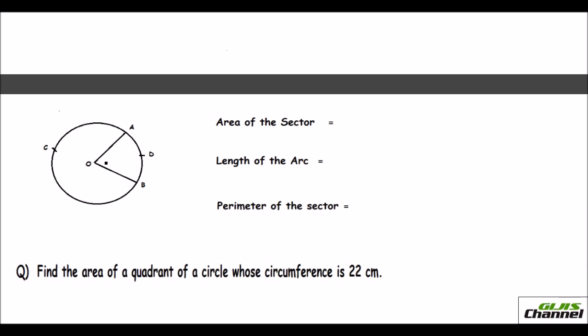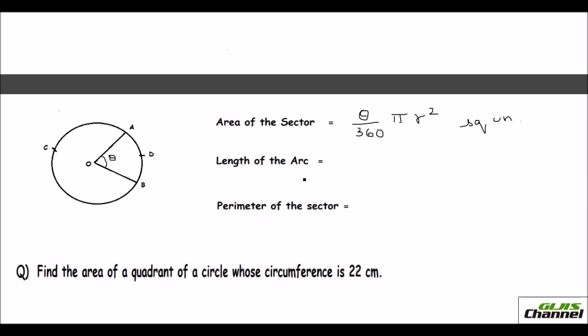So for a full circle it is 360 degrees, but this portion has only theta degrees taken, right? So the formula would be theta degrees out of 360, okay, times pi r squared. And since it is an area, you will have square units as the unit, okay?